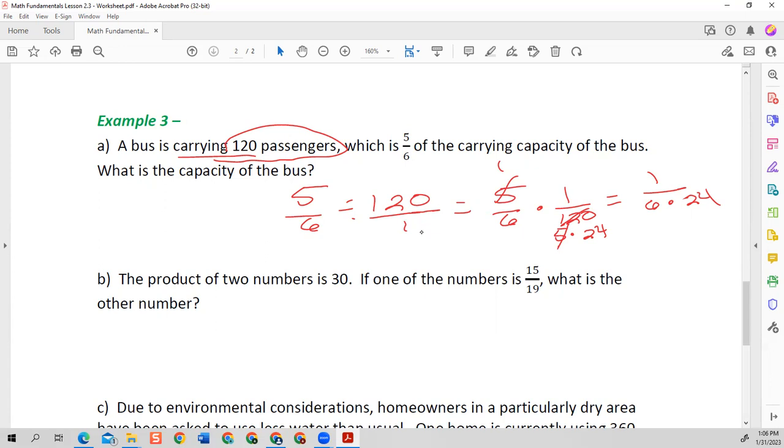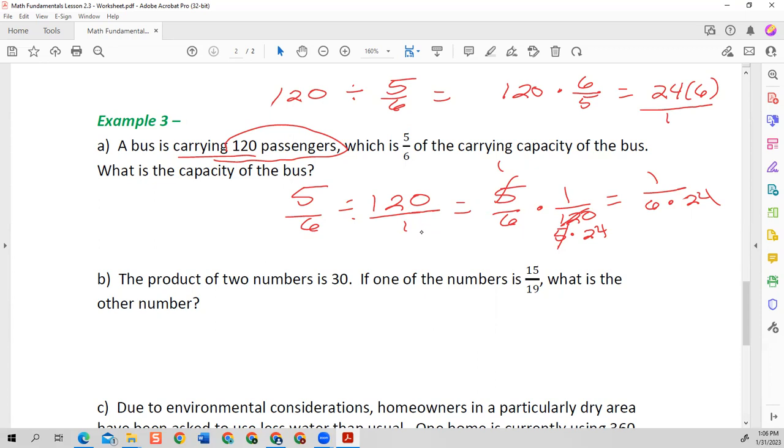So what if I said that we're carrying 120 passengers and we're dividing that by 5/6? Well, if I rewrite this, my first stays the same, change the operation, flip the second. And then what do I have? I have 24 times 6, right? All over 1. Does that sound right?